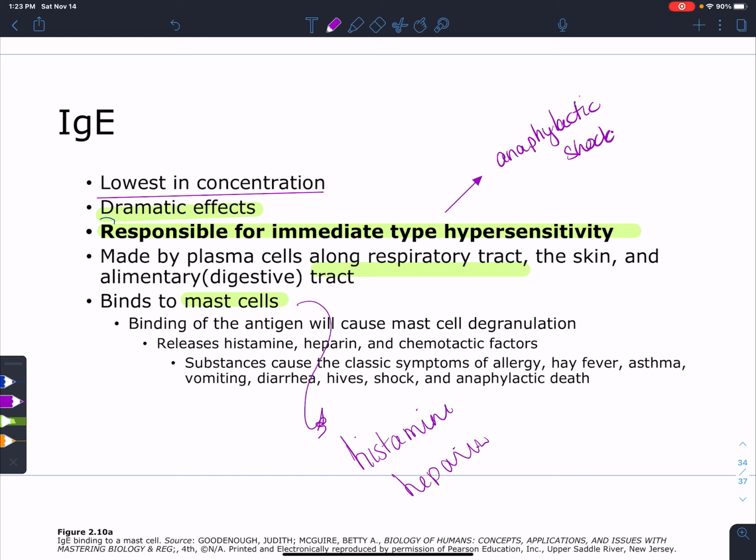Oh, there, yep, I have it listed right here: histamine, heparin, and chemotactic factors. Those chemotactic factors say, hey, I need help over here, send more over. Classic allergy symptoms: hay fever, asthma, vomiting, diarrhea, hives, shock, and anaphylactic death. So it can really go full force in the wrong direction.